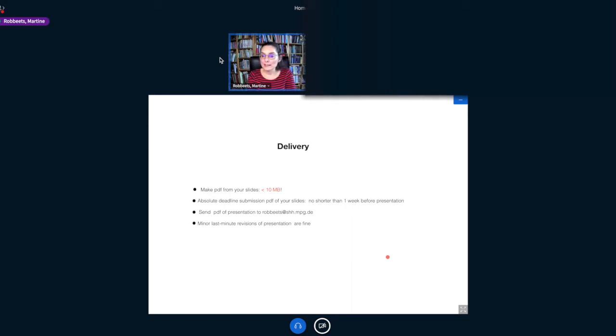If it's more than 10 MB, you can get in trouble because sometimes the system doesn't take it or it's not easily downloadable. That is a bit of a problem that we had last time with the guest lectures. It reminded me of the importance of reminding you to try to limit your presentations to 10 MB.